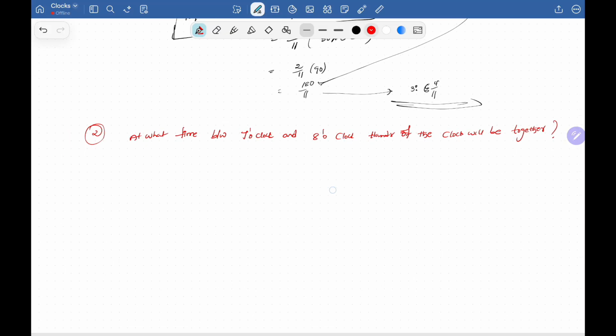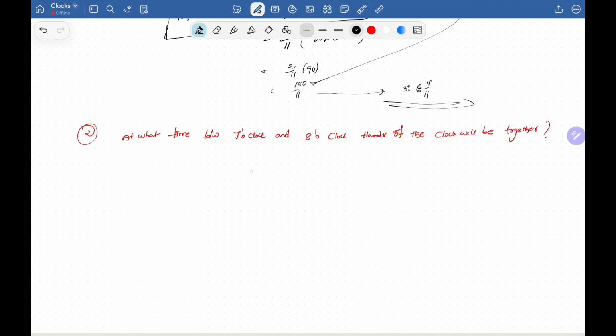Simple. Now they are asking a simple one. I'm solving it by using two methods. I'll use both methods very quickly. I want to solve this one.